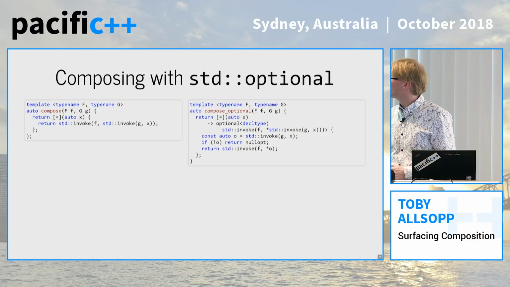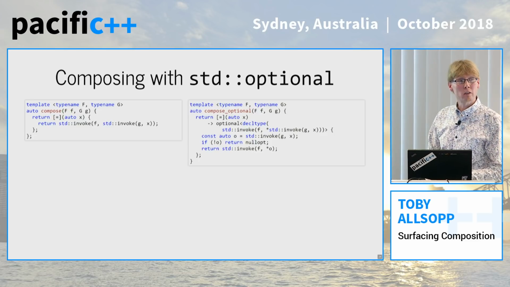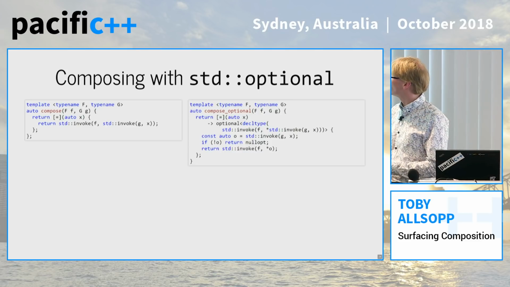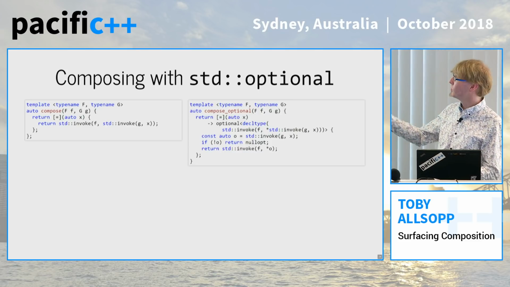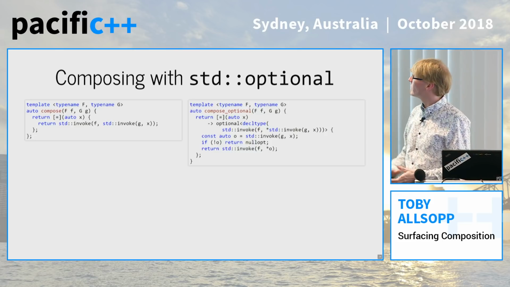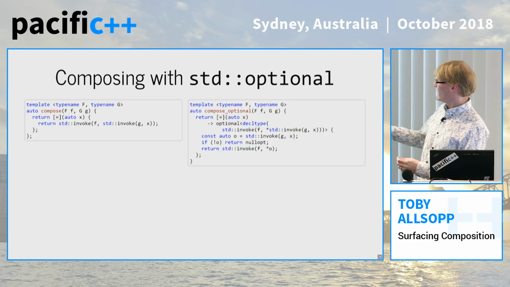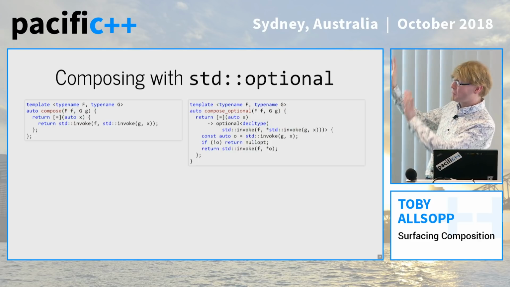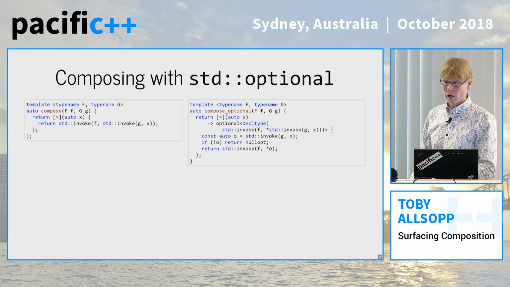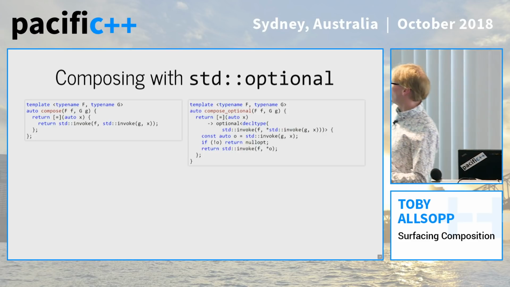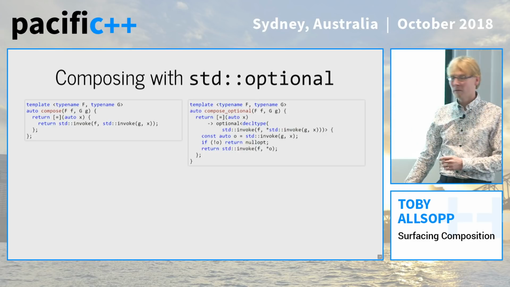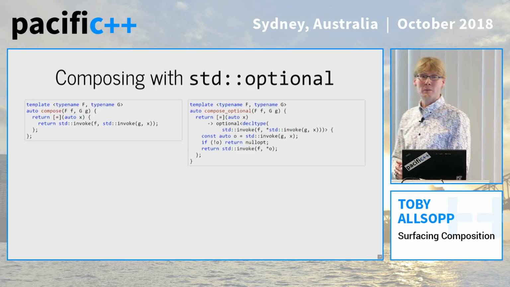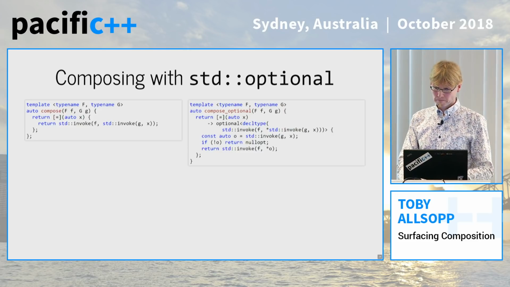So it's going to call g on x to give us an optional. If that contains nothing, we're returning an empty optional. If it returns something, we're going to call the function f on the value contained in the optional. And this trailing return type, decltype thing is just necessary to make it compile, because this null opt doesn't know what type of optional it is, so return type deduction doesn't work in that case.